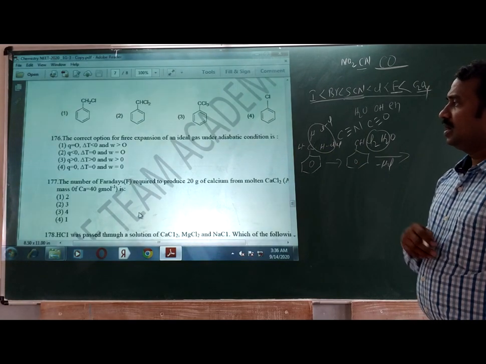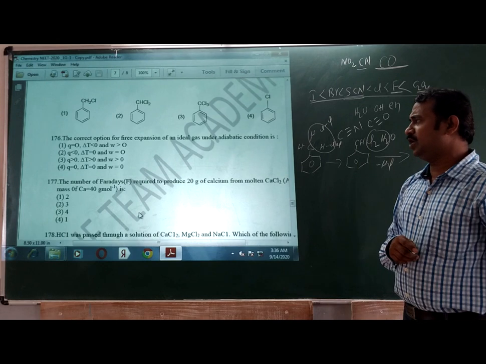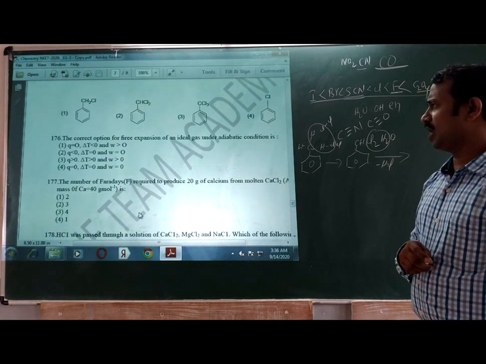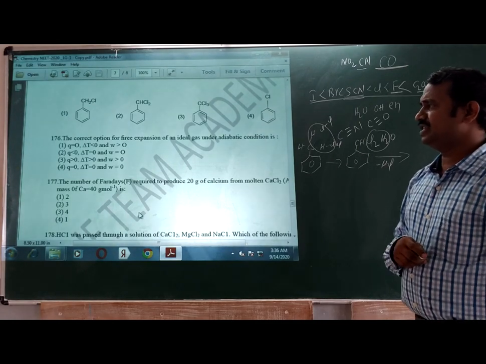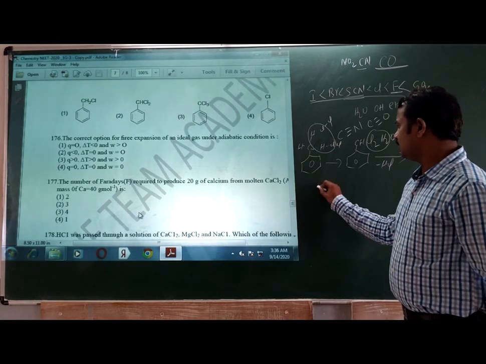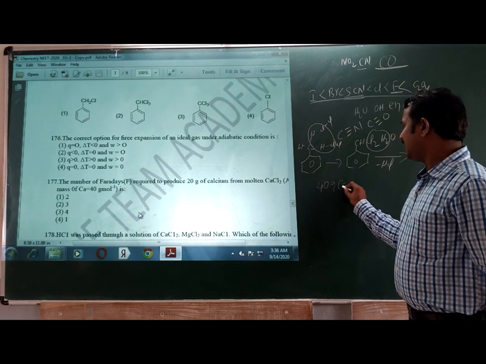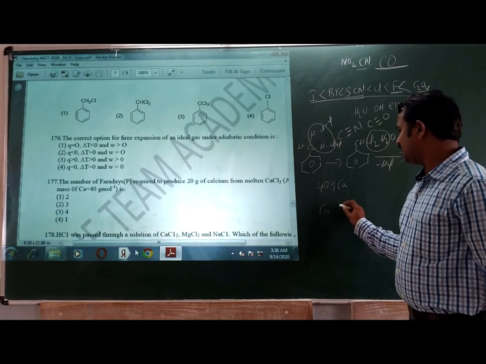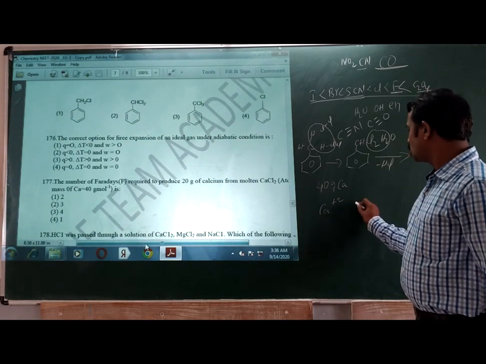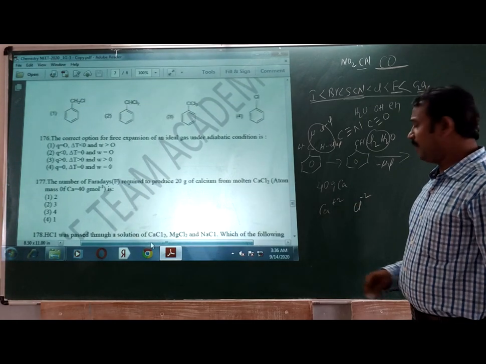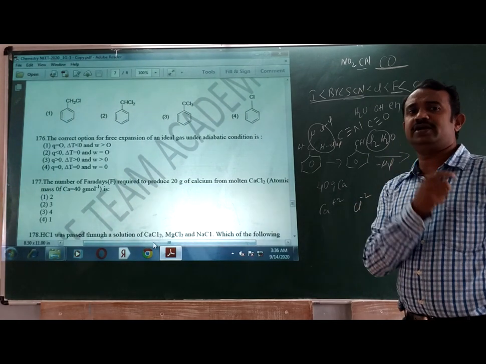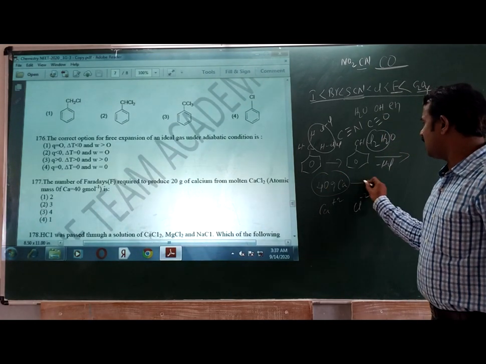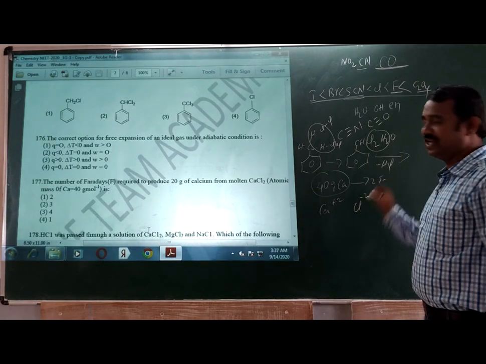Next one. The number of Faradays required to produce 20 gram of calcium from molten calcium chloride. The mass of calcium is 40, meaning the calcium atomic weight is 40 gram. Calcium has oxidation state +2, chlorine is -1. This means 2 electrons are required for 1 mole of calcium. So 40 gram of calcium requires 2 Faradays.